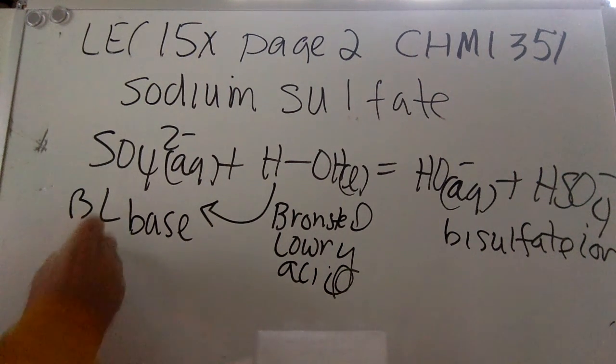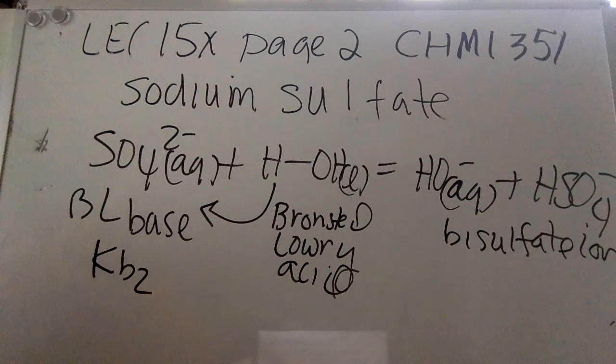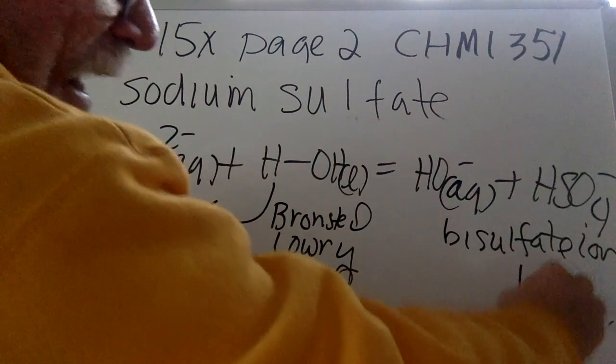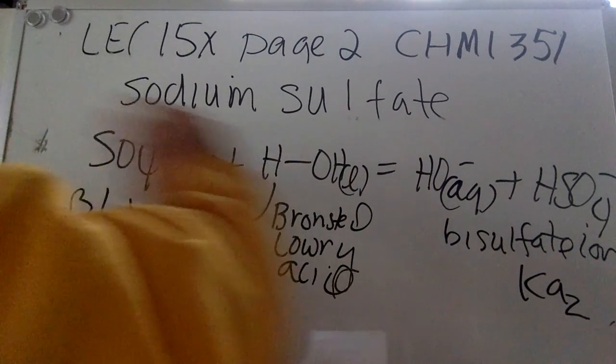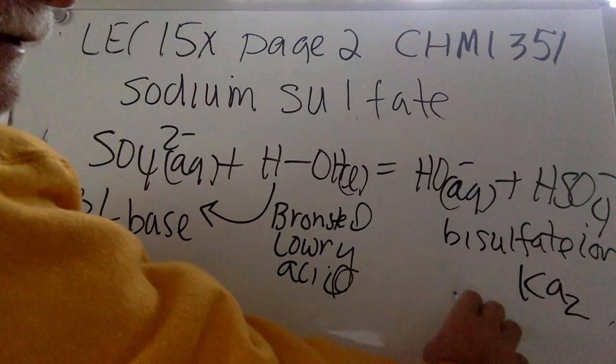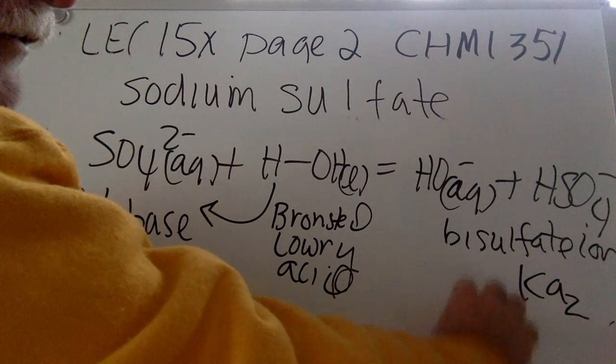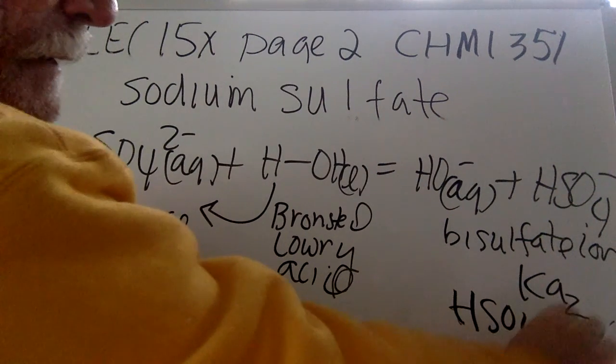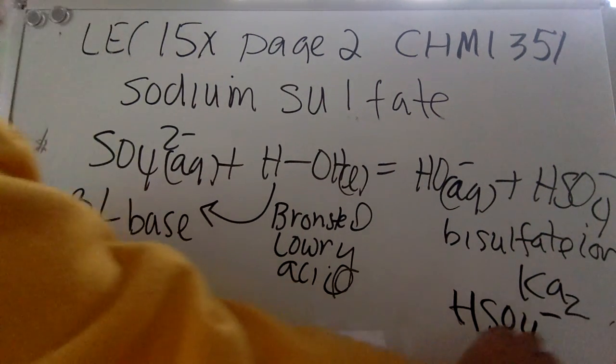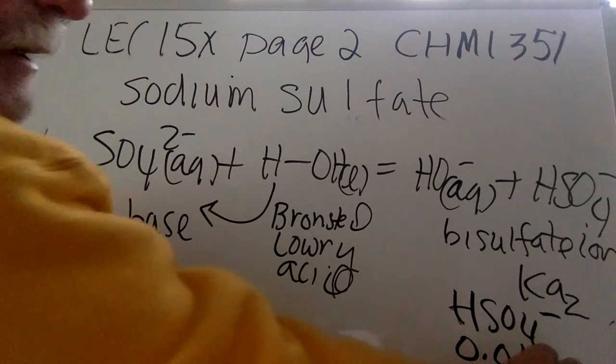So we're looking at the Kb, I'm going to call it Kb2 because it's related to the Ka2 that is for the hydrogen sulfate, which the value is 0.012.